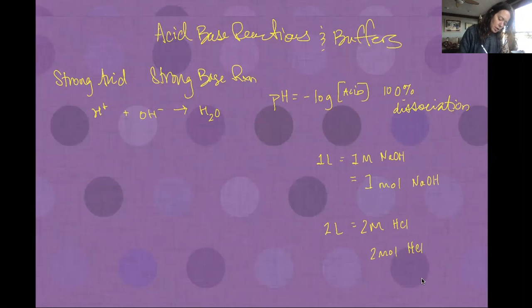So, let's say that I had 0.5 liters of 1 molar NaOH, then we see that we would have 0.500 moles. So we would need to get our moles of hydrogen and hydroxide ions. Let's say that initially this was 3.00 molar.